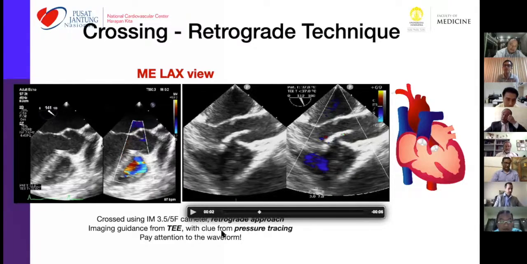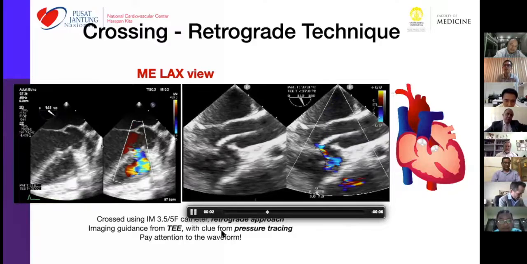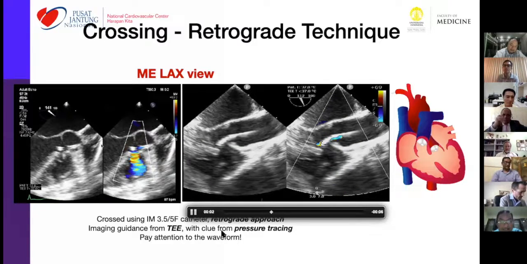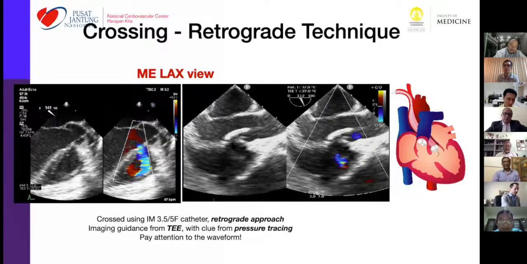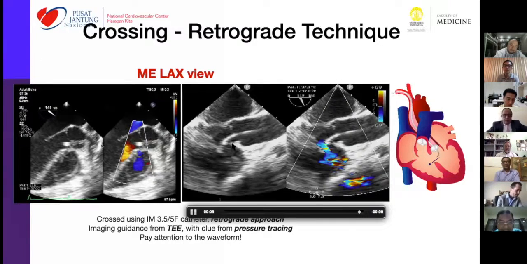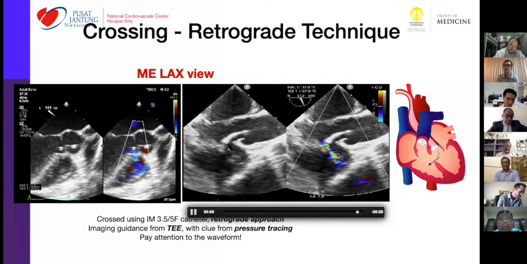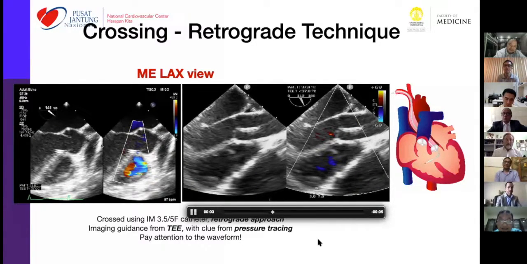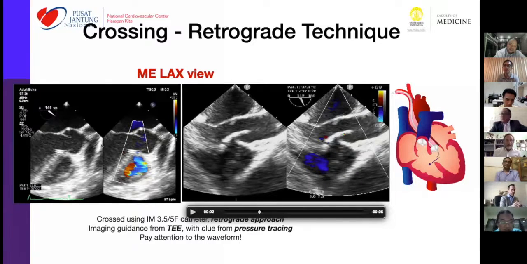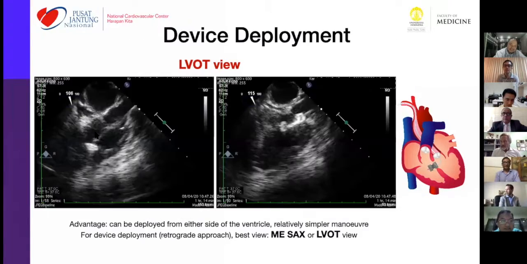The point is, with TEE guided zero fluoroscopy, you can see both planes of the catheter and the VSD, so you can easily identify and cross the VSD. Once you cross the VSD, it's 90% finished.